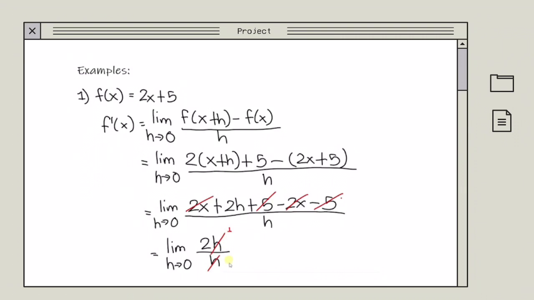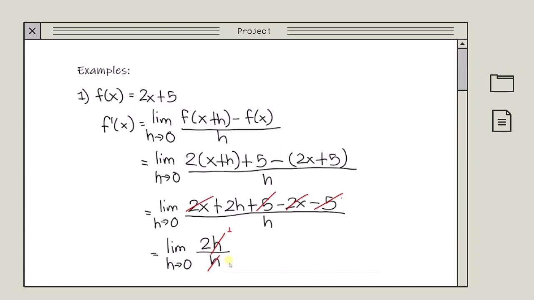Distribute natin si 2 times x, that is just equal to 2x. Tapos, 2 times h is equal to 2h. And then, we have 5 here. Tapos, need natin mag-ingat dito kasi we are subtracting dun sa buong function natin. This is a common error na ginagawa ay minus 2x pero hindi binabago yung sign.